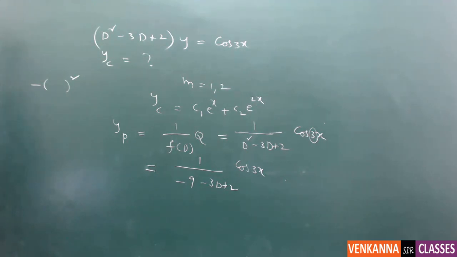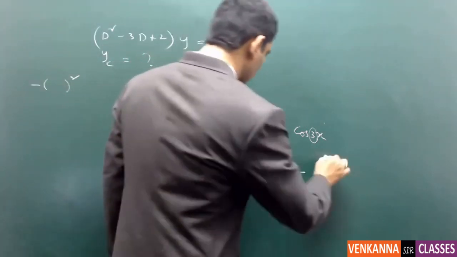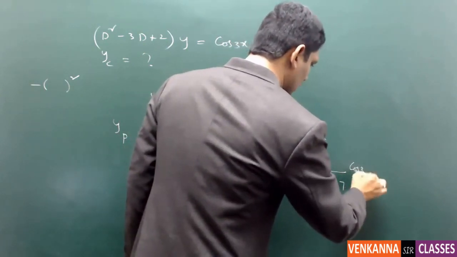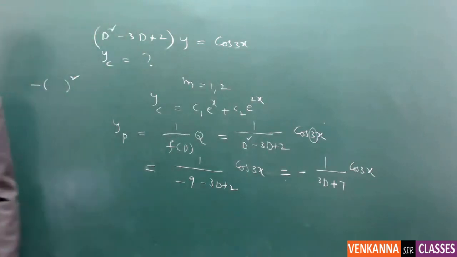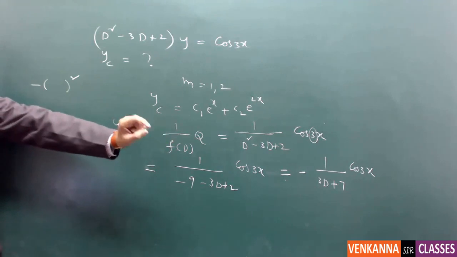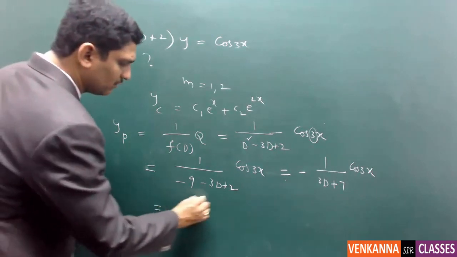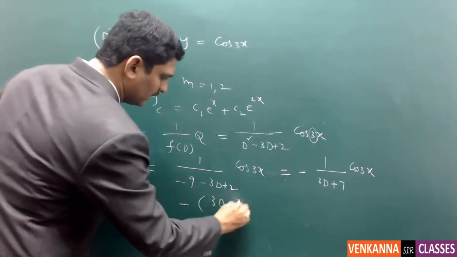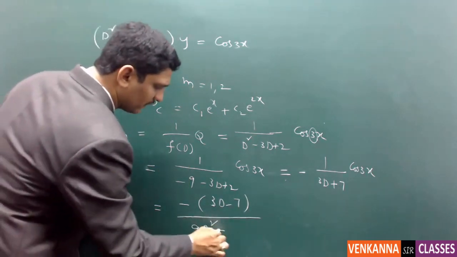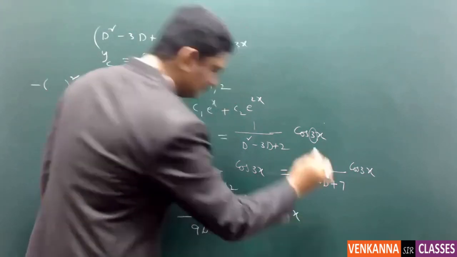Right. Now if you simplify that, it is nothing but minus 1 by 3D plus 7 into cos 3x. So you have to rationalize again to get D square in the denominator. So if you rationalize that, minus (3D minus 7) by (9D square minus 49) into cos 3x. Accepted?